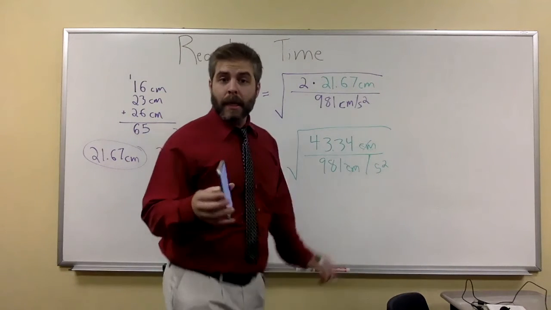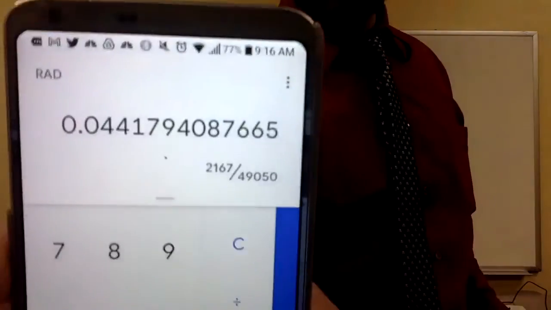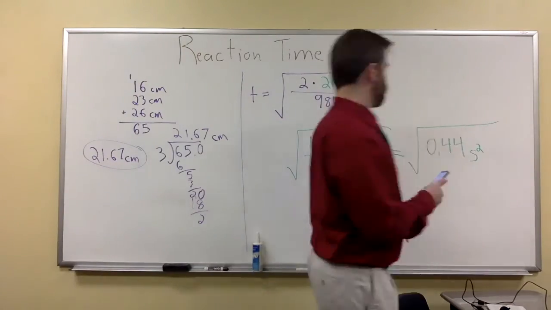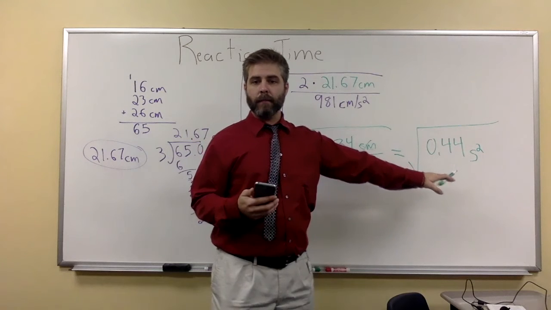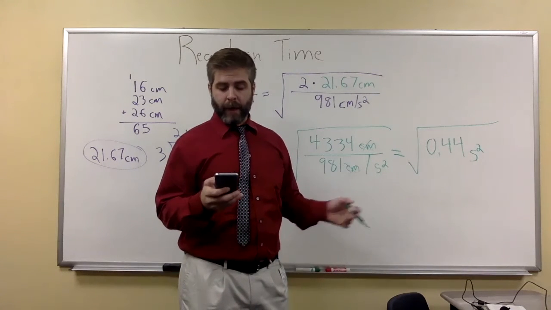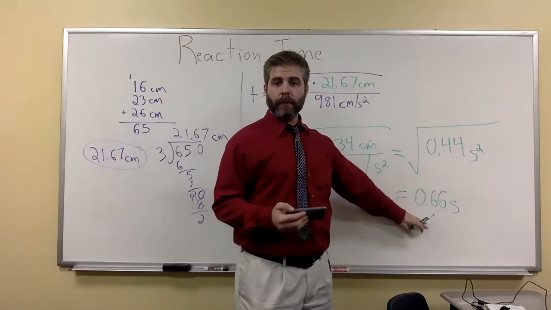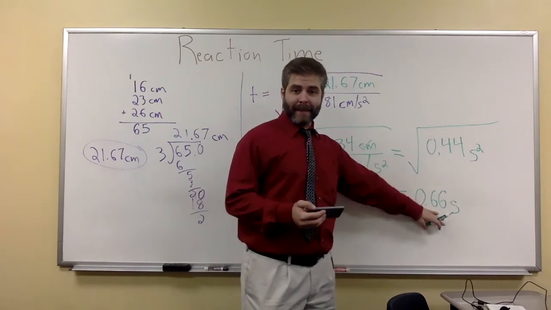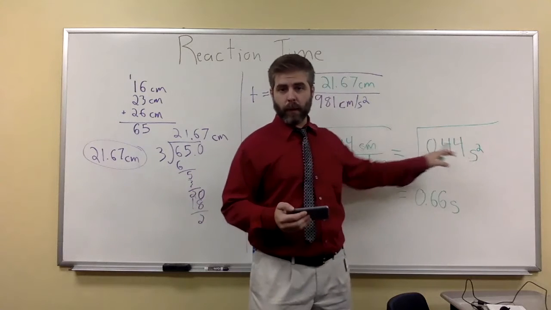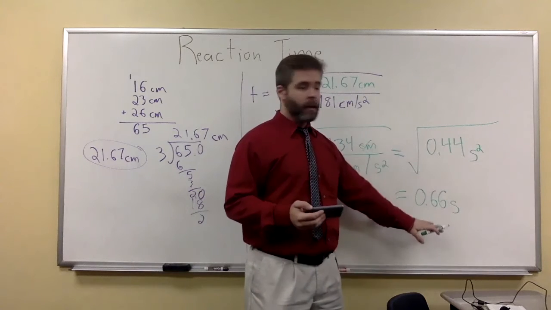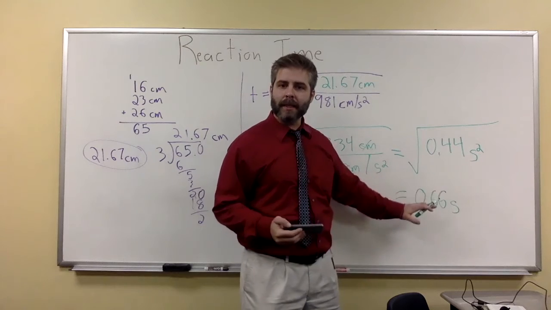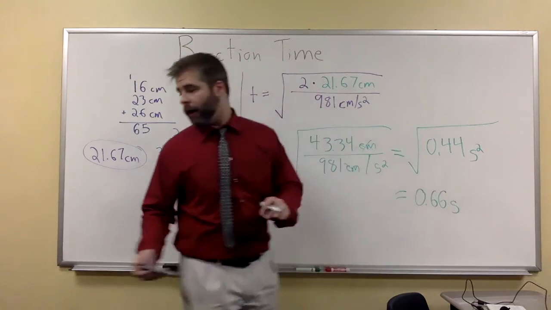And what we get is a whole bunch of digits. That's fine. We are going to round it. 0.44 seconds squared. Now we just find the square root of that. 0.66 seconds, not seconds squared, but we found the square root of seconds squared. So square root of a squared, that 2 disappeared, right? So we get 0.66 seconds, less than a second on average.